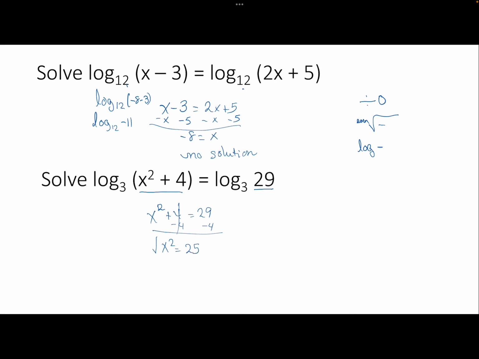The inverse of squaring is square rooting, and when we introduce the square root, we introduce a plus or minus, so x is equal to plus or minus 5. So we suspect that maybe negative 5 won't work. We plug it back in, and the log base 3 of negative 5 squared plus 4 does get us 29, so both positive and negative 5 work.